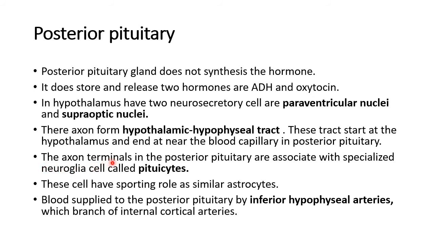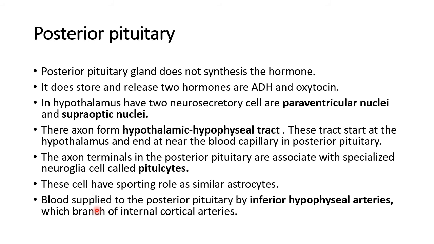The axon terminals in the posterior pituitary are associated with specialized neuroglial cells known as pituicytes, and these pituicytes have a supporting role similar to astrocytes. They help to transport the signal to the plexus that is present in the posterior pituitary.